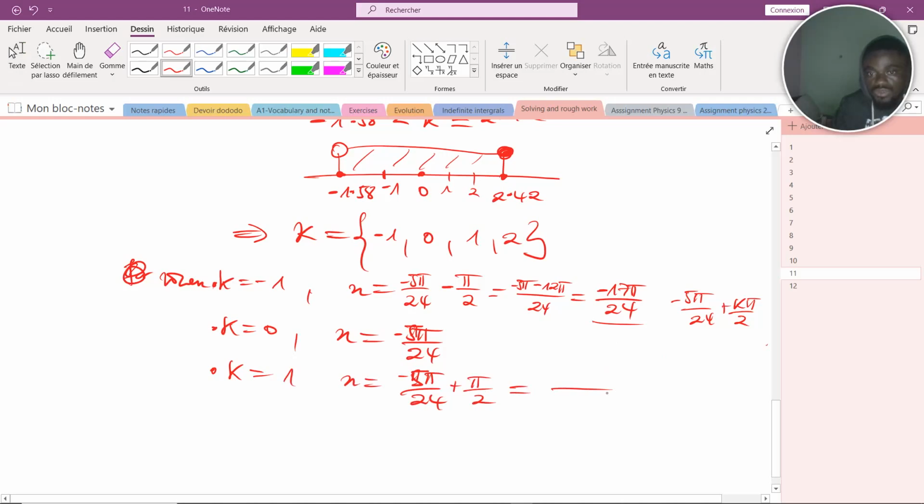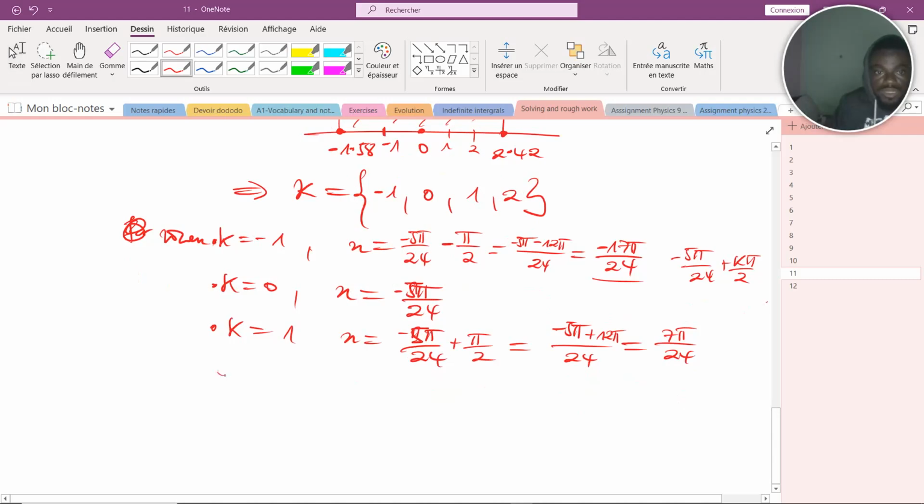So the LCM 24 divided by this, I have minus 5 pi plus 12 pi. So this will give 7 pi on 24.